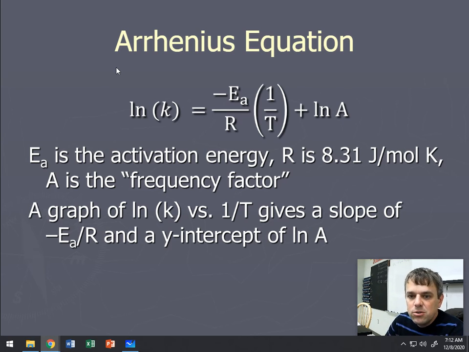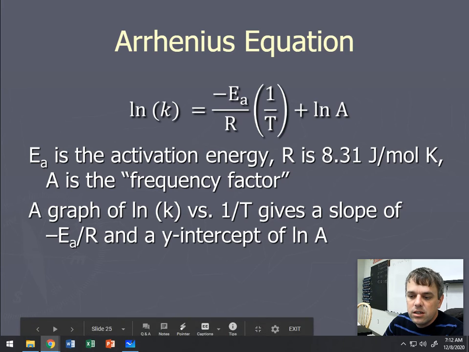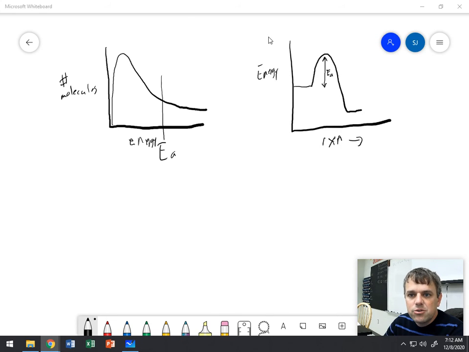But what they do expect you to be able to notice here is that the temperature dependence of k is related to the activation energy. In other words, if we go back to these graphs right here, the rate of a reaction depends on the ability of the molecules to overcome the activation energy barrier in order to have successful collisions and react.